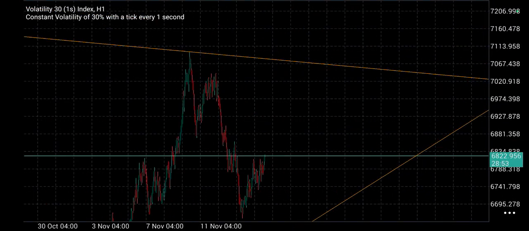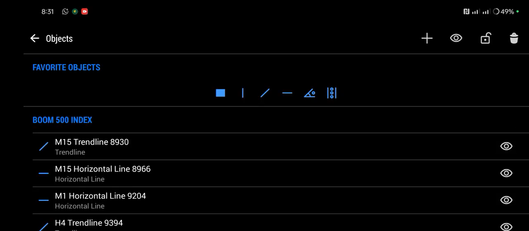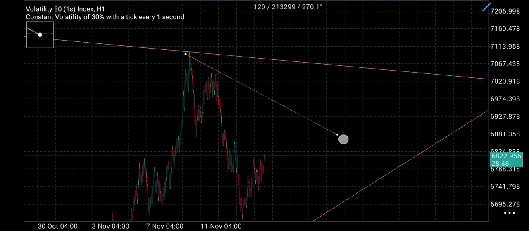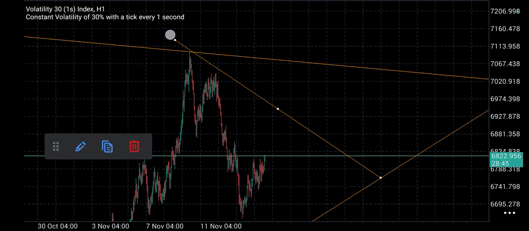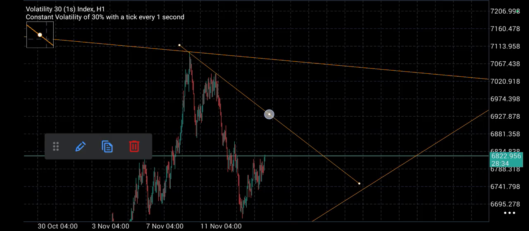This is a line. You just need to keep connecting. Are you getting it? You just need to keep connecting.